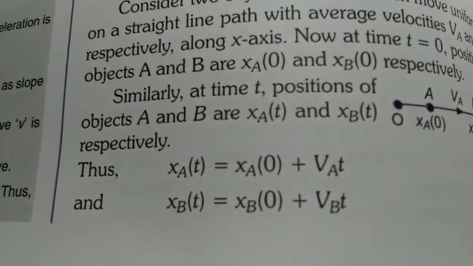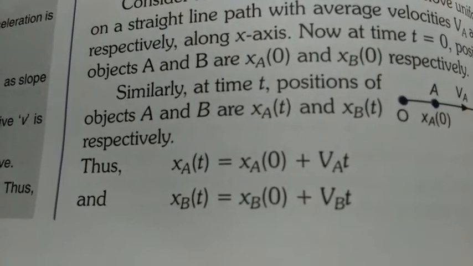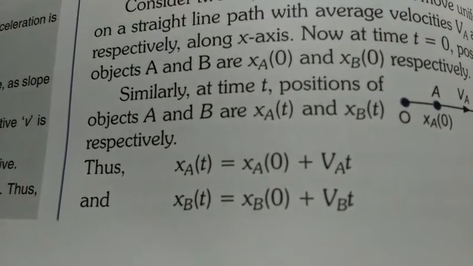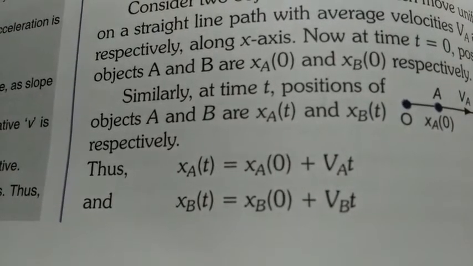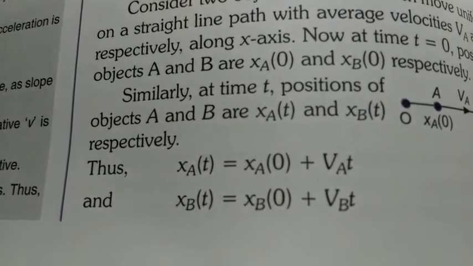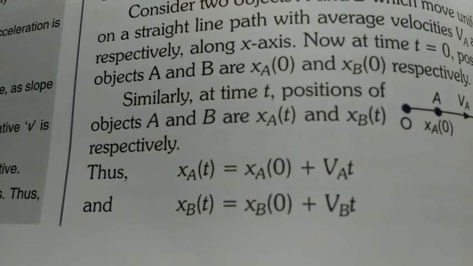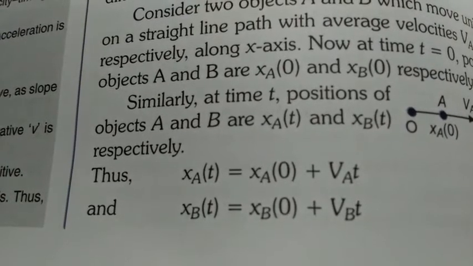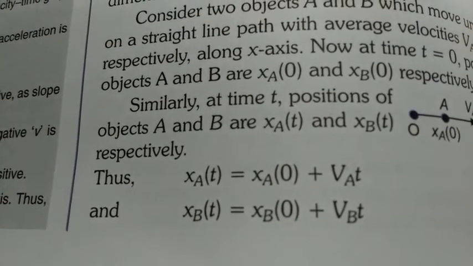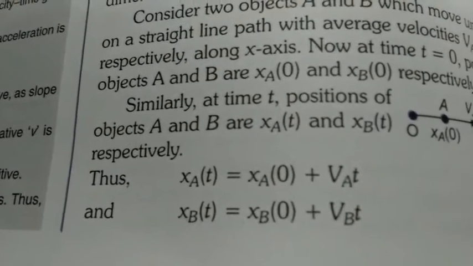Suppose object A has traveled for time t, so its position can be given as xA(t) equals xA0 plus VA t, where xA(t) is the position after time t, xA0 is the initial position, VA is the velocity of object A, and t is the time for which it has traveled.